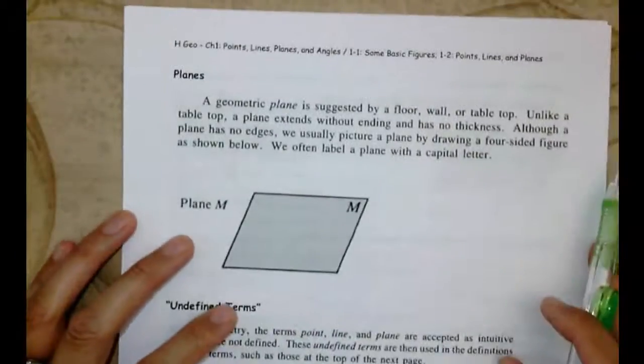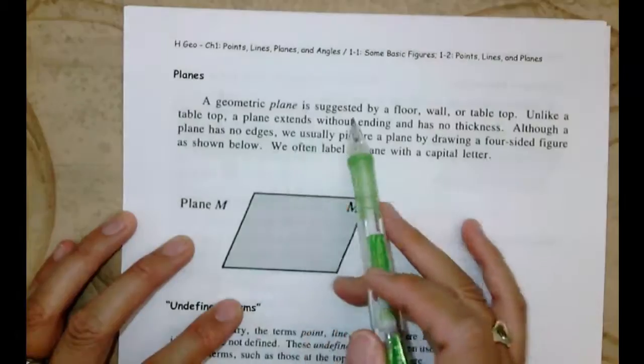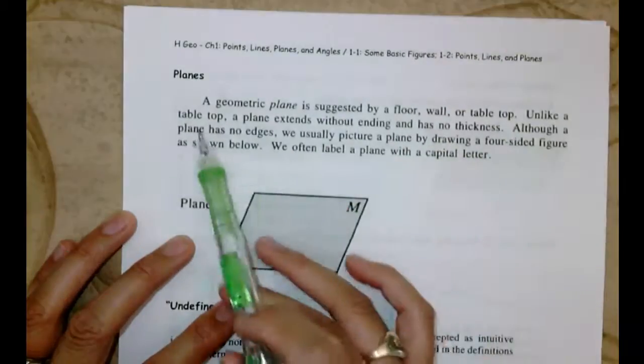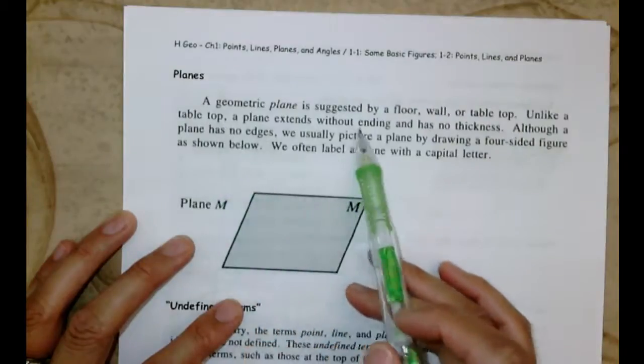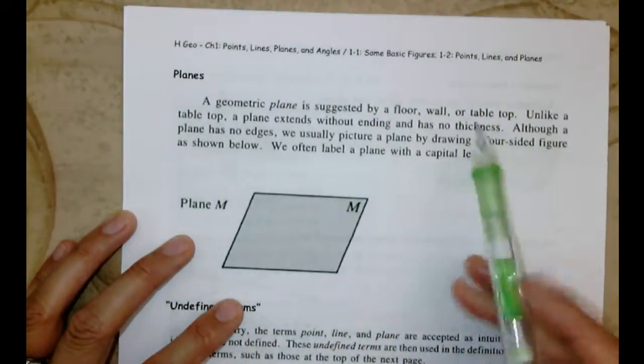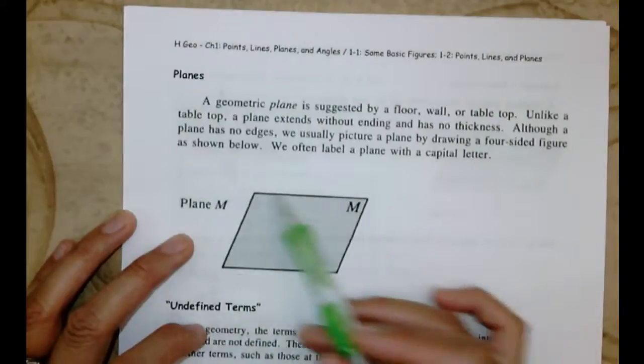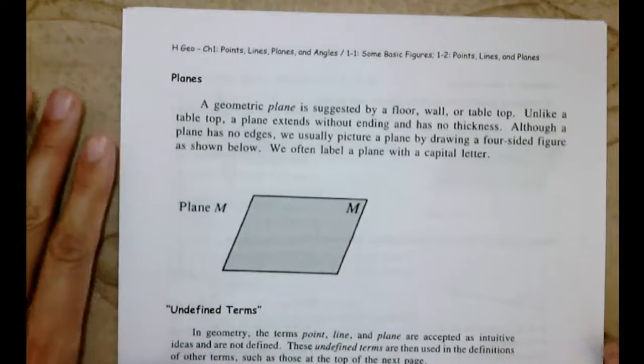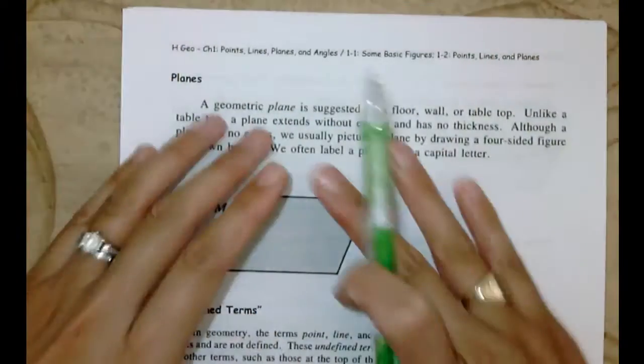Here's a plane. A geometric plane is suggested by a floor, wall, or tabletop. Unlike a tabletop, a plane extends without ending and has no thickness. Even though this is drawn like a contained area, the concept of a plane has no ending. It continues in every direction infinitely.